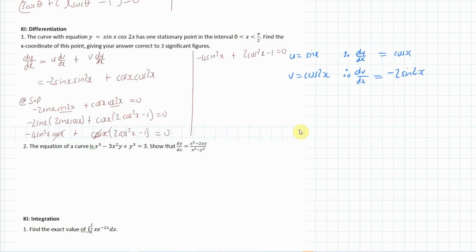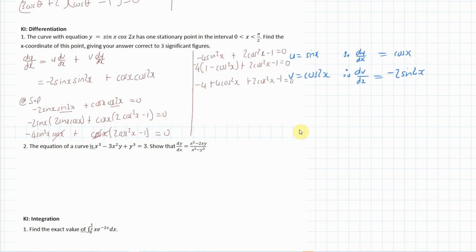And I can rewrite, maybe I'm going to go minus 4 into 1 minus cosine squared x plus 2 cosine squared x minus 1 equals 0. And I'm going to go minus 4 plus 4 cosine squared x plus 2 cosine squared x minus 1 equals 0.